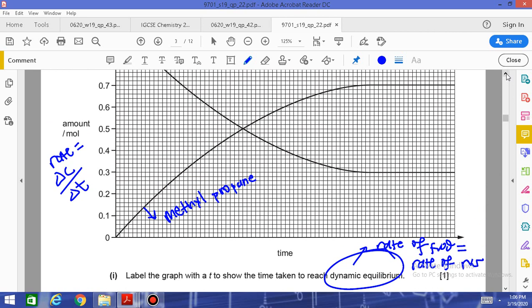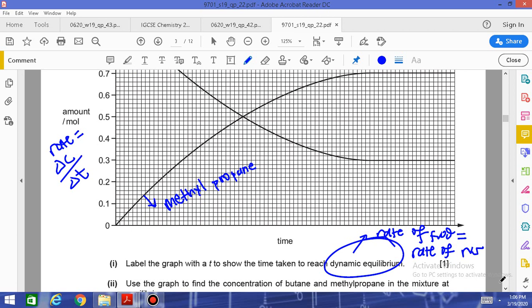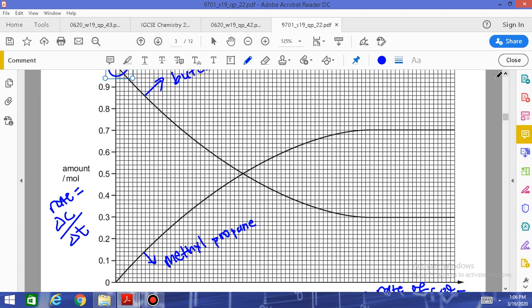So the rates must be equal. The rate of forward and the rate of reverse reactions must be the same. So you see a horizontal straight line here.